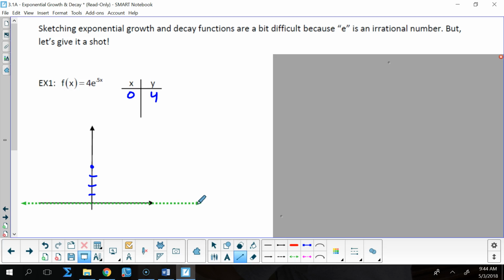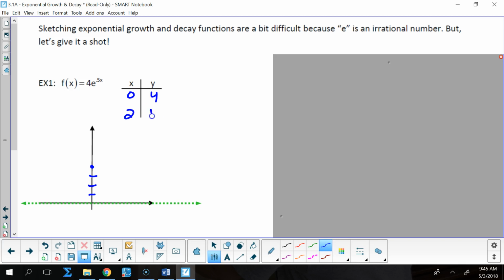What is going to make my exponent be 1? X equals 2 will make my exponent be 1. So 0.5 times 2 is 1. E to the first power is 2.71828. We'll call it 2.7 roughly. What's 2.7 times 4? 10.8.